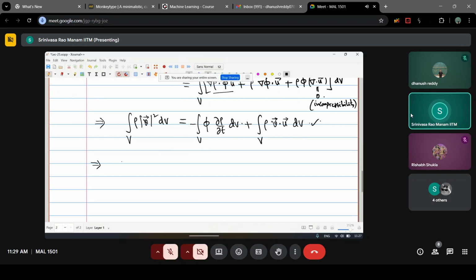So this implies integral over V of rho into this is my v minus, yeah, this is like v dot v, right? This is actually v dot v.